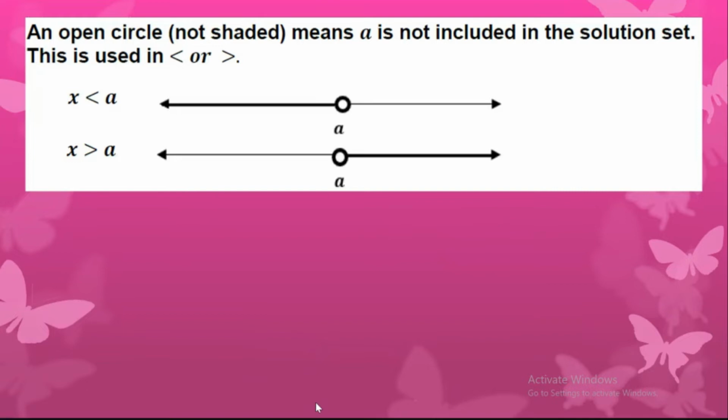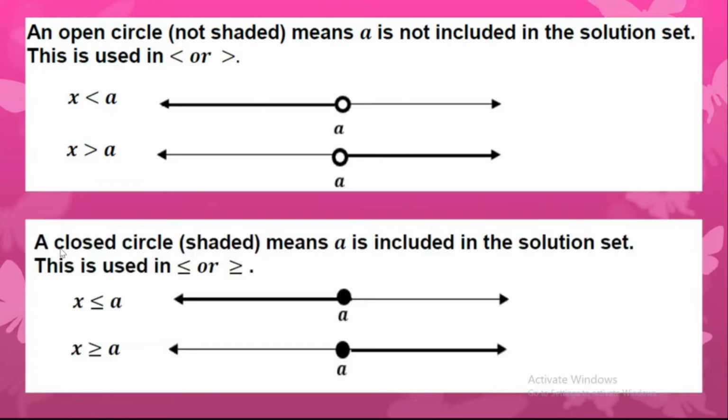So if, say for example, x is less than a, then we are considering all numbers on the left side of a in a number line. And for greater than a, we are considering all numbers to the right of the given number.